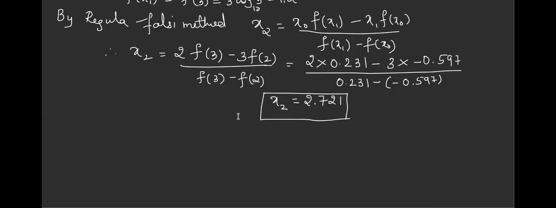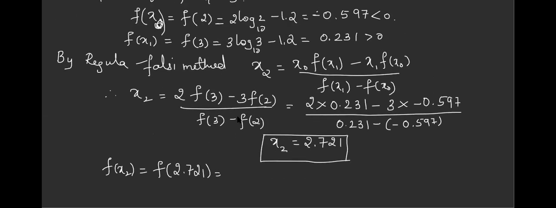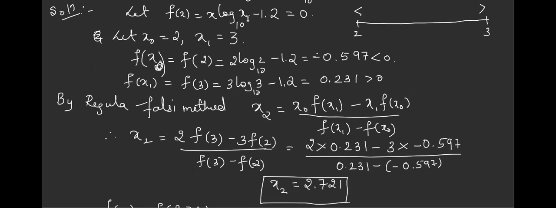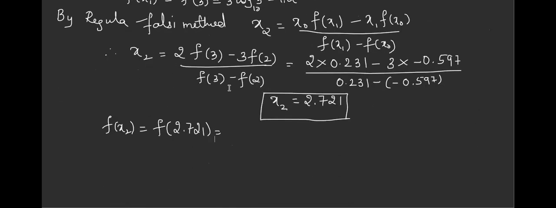Now after this, you have to calculate one quantity, that is f of x2. How did we calculate f of 2 and 3? Similarly, in the given function, replace x by 2.721. What will you get? 2.721 log of 2.721 to the base 10 minus 1.2.